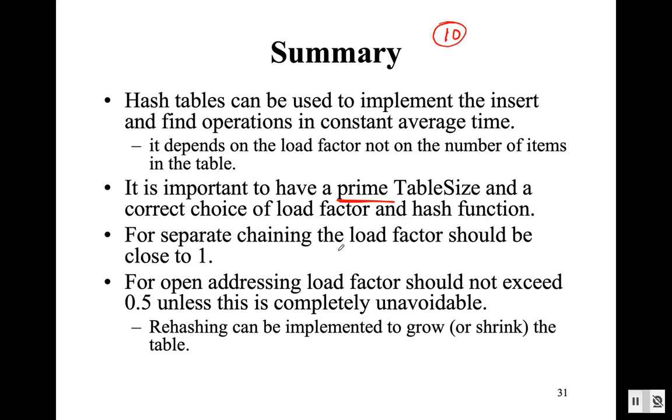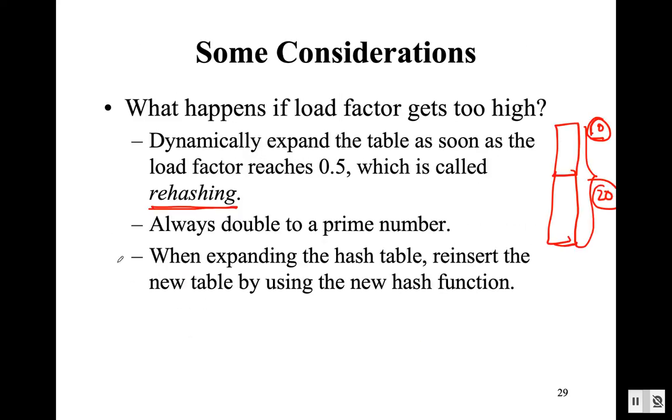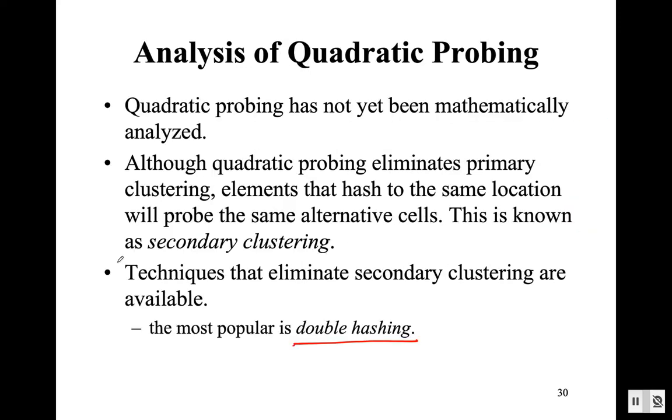For separate chaining, the expected load factor is close to 1, and for open addressing the load factor should not exceed 0.5. If the load factor exceeds 0.5, we have to use rehashing. Rehashing means we have to grow the size of the table. So this is the main idea of the data structure hashing.